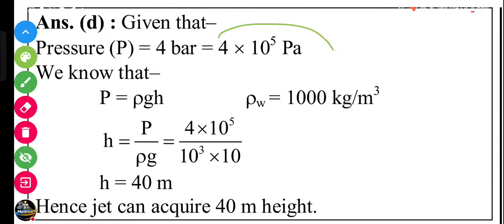Here the pressure is 4 into 10 to the 5 Pascal, rho is 1000, and g is approximately 10, or 9.81. You can calculate this and get approximately 40 meter.